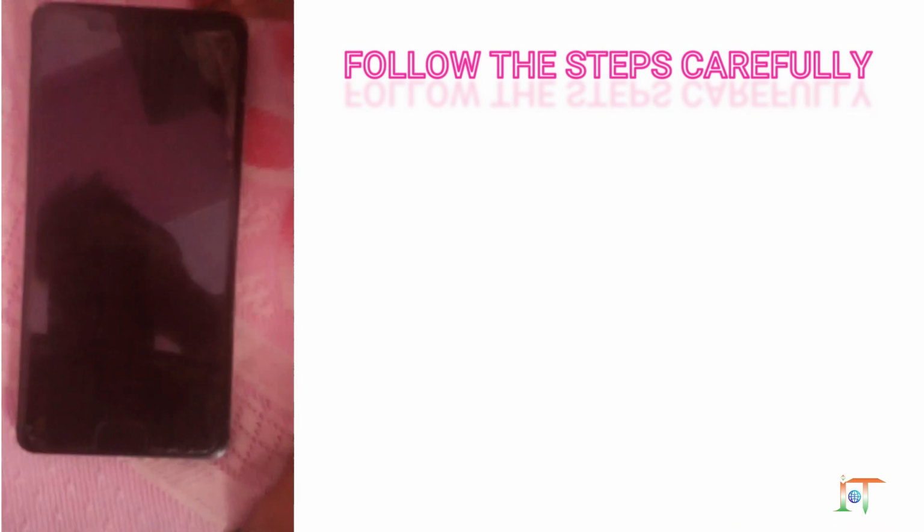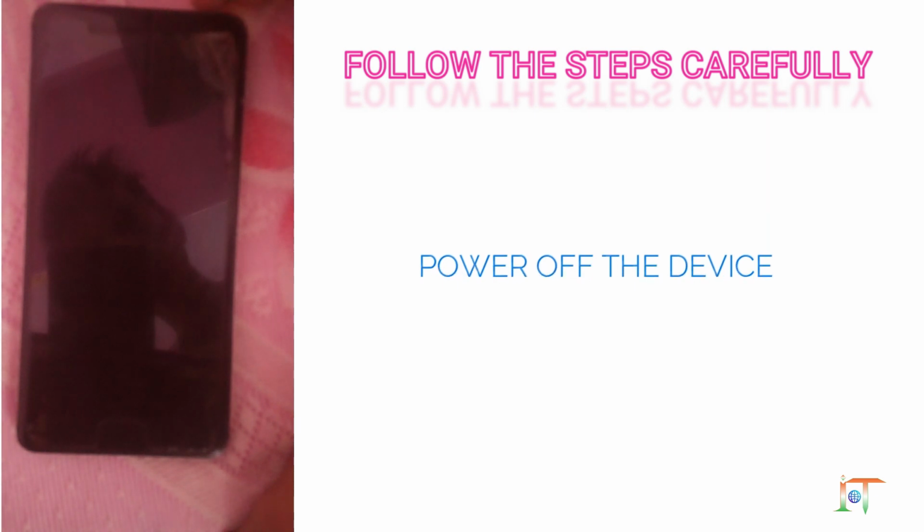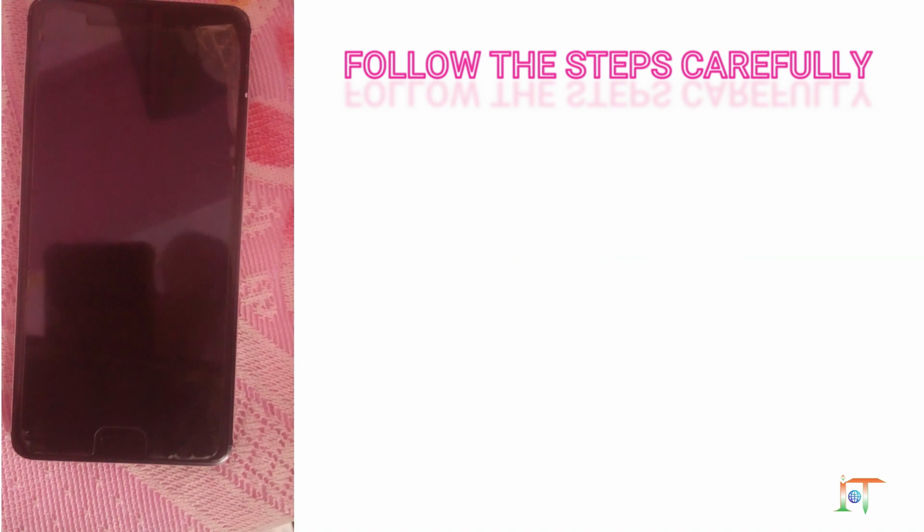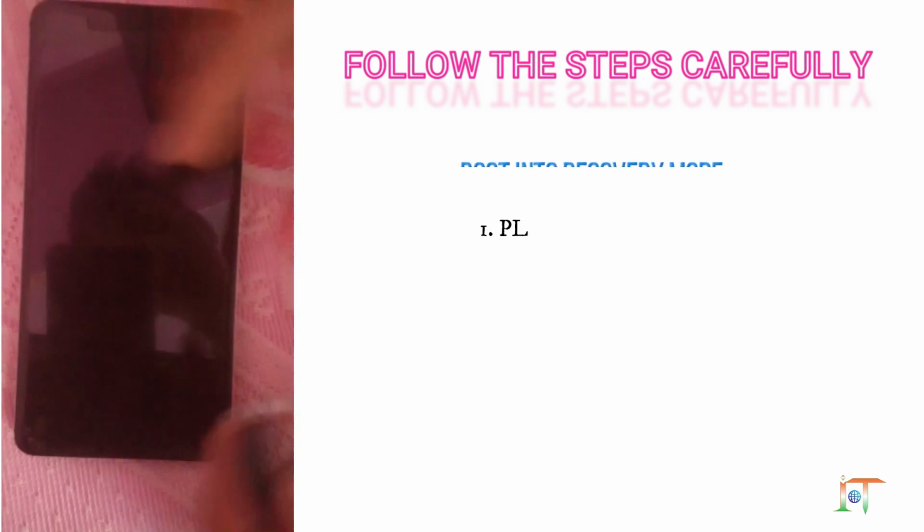So let's switch off the phone, power off the device, and after switching off the device, you need to go into recovery mode. So to go to the recovery mode, you need to plug in a charger or USB cable attached to a laptop. Anything will work. So let me plug in the charger.